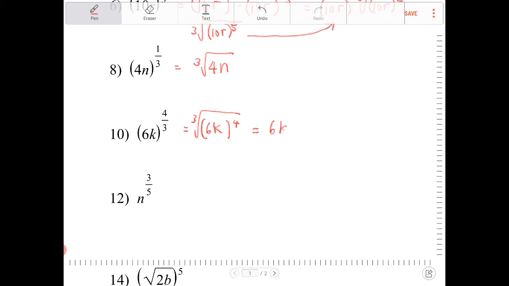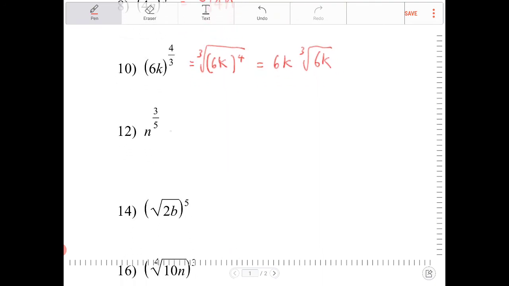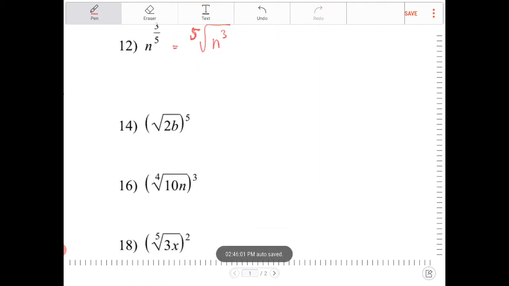It would be 6k times the cube root of 6k. N to the 3/5. This is equivalent to the 5th root of n to the 3rd. I can't go any further because I only have n multiplied by itself 3 times, and yet I'm trying to take the 5th root of that. This is the furthest I can go.